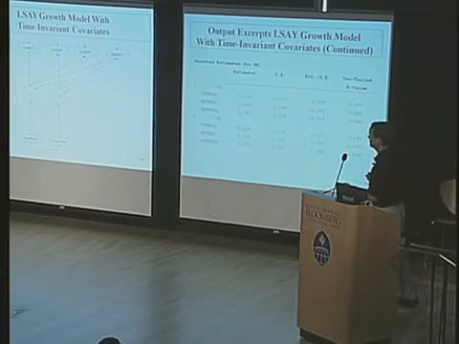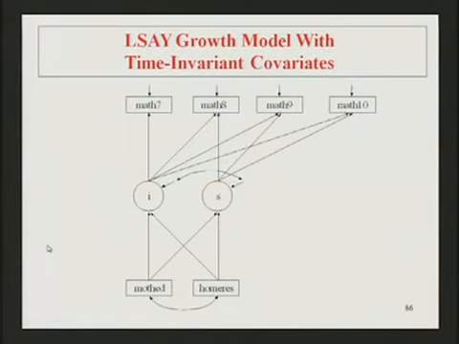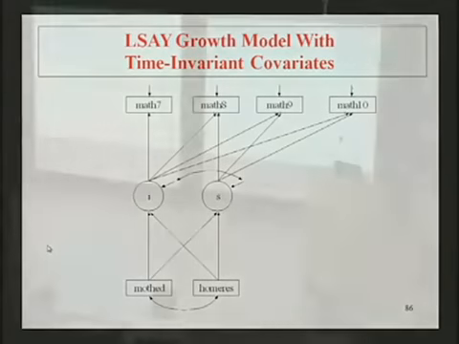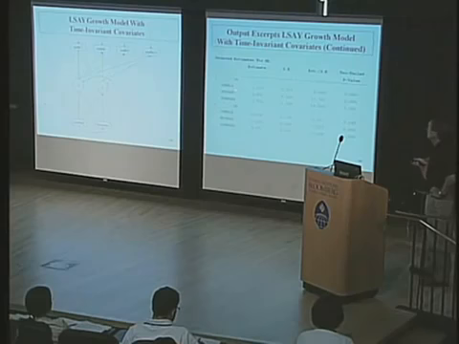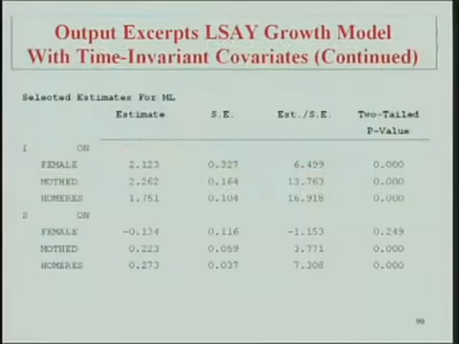So in the picture, you should have a box for female down here on slide 86, female influencing I and S as well. So a third covariate, and slope on female, mother's education and home resources. So female is a 0-1 dummy variable. Female is 0 for males and 1 for females.